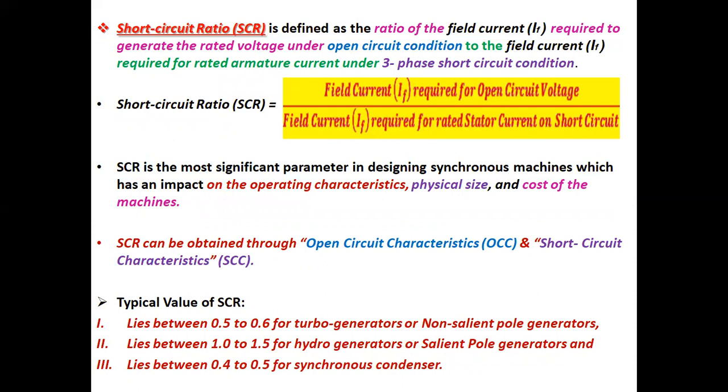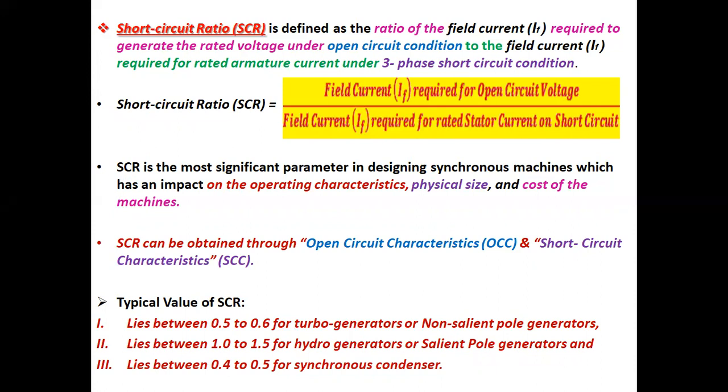Short circuit ratio. Short circuit ratio is defined as the ratio of the field current required to generate the rated voltage under open circuit condition to the field current required for rated armature current under three-phase short circuit condition. That is, short circuit ratio SCR is equal to the field current required for open circuit voltage divided by the field current required for rated stator current on short circuit.